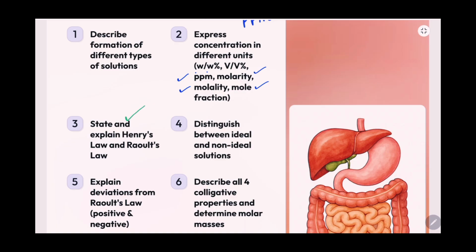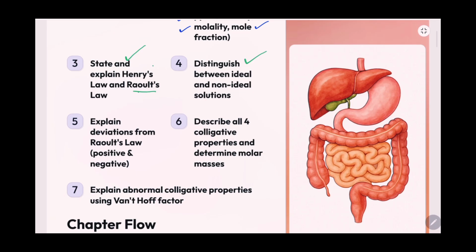After that you study the laws, Henry's law and Raoult's law, important for exams. You'll also understand what an ideal solution is, what a non-ideal solution is, and the difference between them. You'll also understand the deviations from Raoult's law, positive deviation and negative deviation, and describe all the colligative properties and determine the molar masses of the solutes.